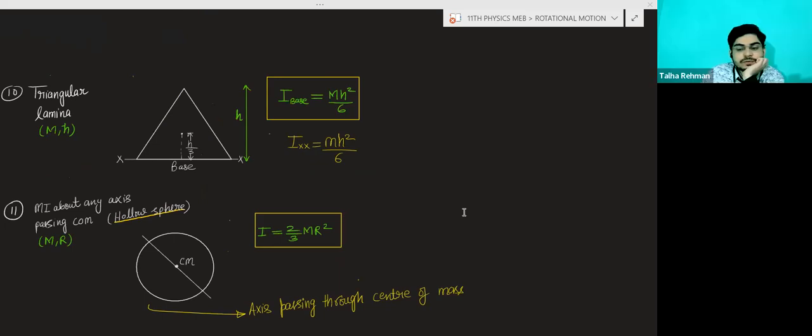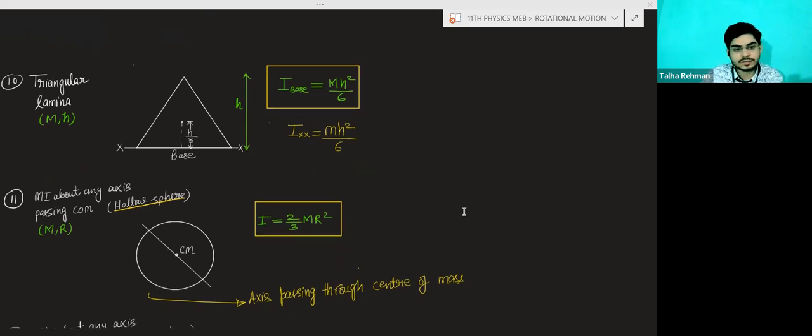So after this, we will discuss. There are two theorems for calculating the moment of inertia: the perpendicular axis theorem and the parallel axis theorem. Two theorems are there.